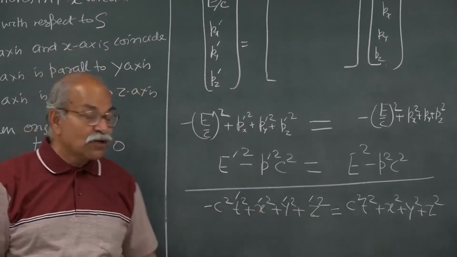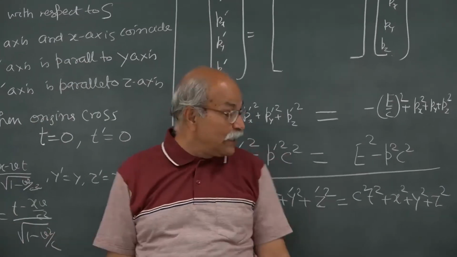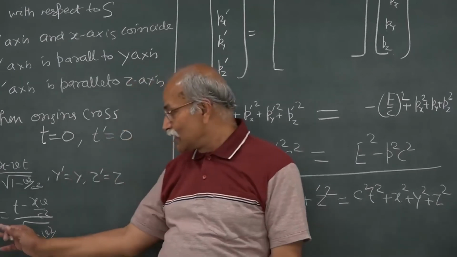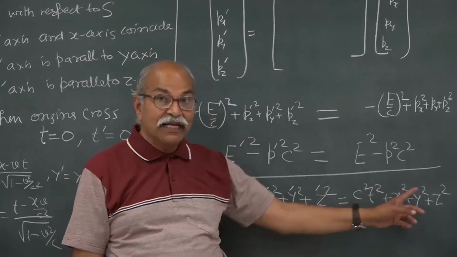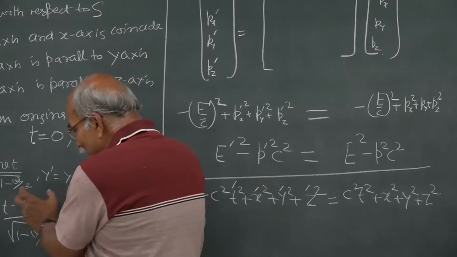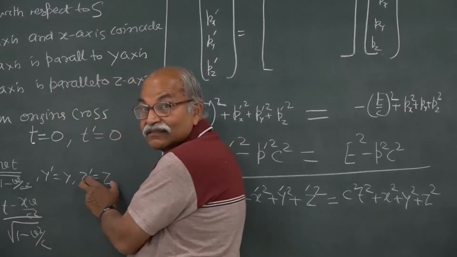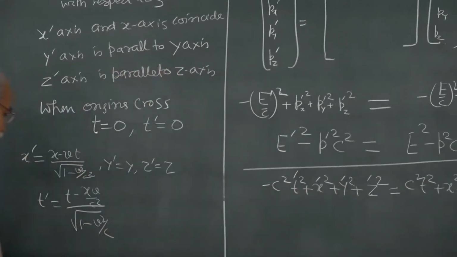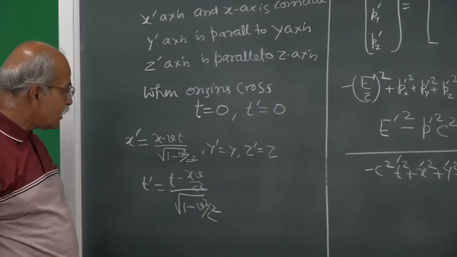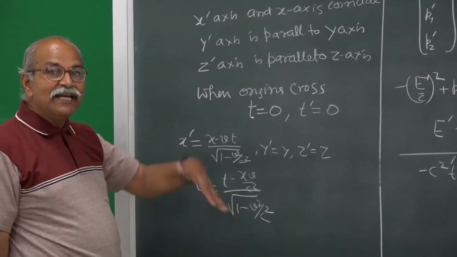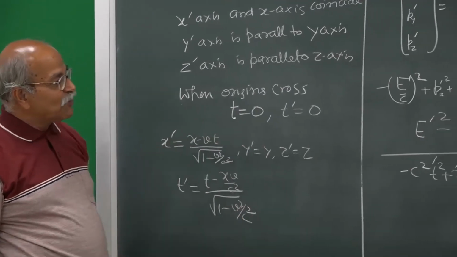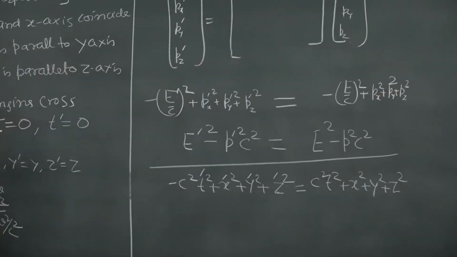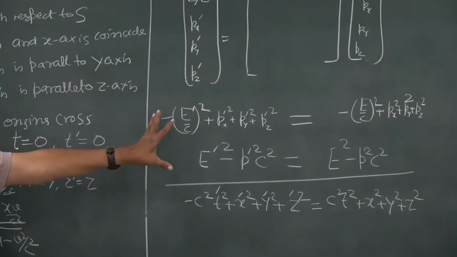Although x prime, t prime, y prime and z prime cannot be so simply obtained from these equations, this equation will still remain the same. Those are the kind of properties of 4 vectors which we can employ and get some relations even if our frames are different.